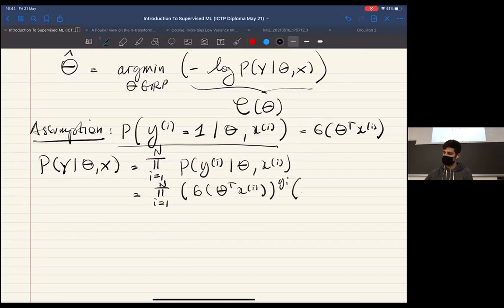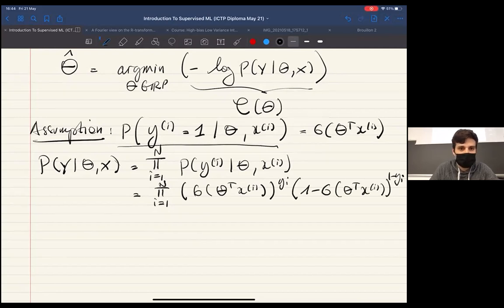So 1 minus sigma, to the power 1 minus yi. This likelihood here is clear.